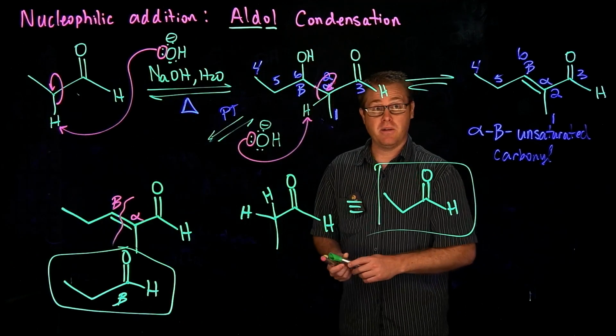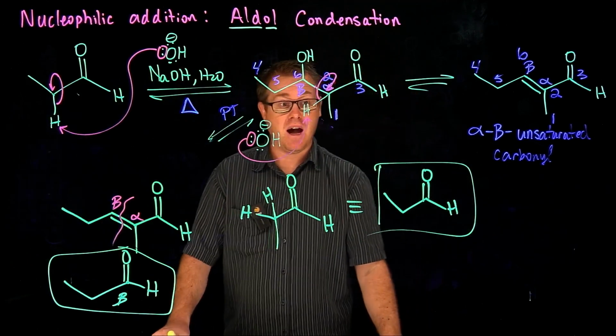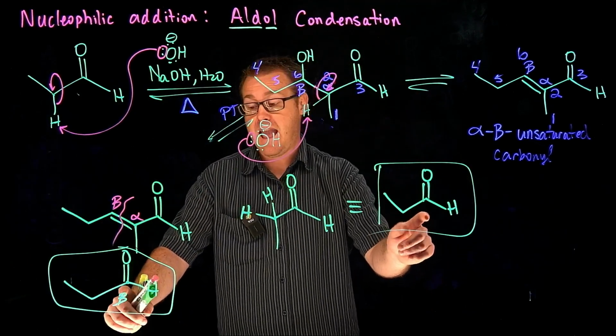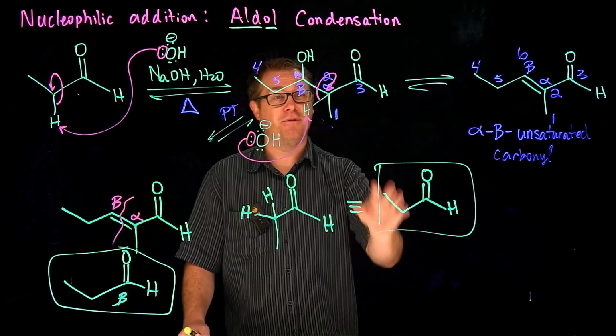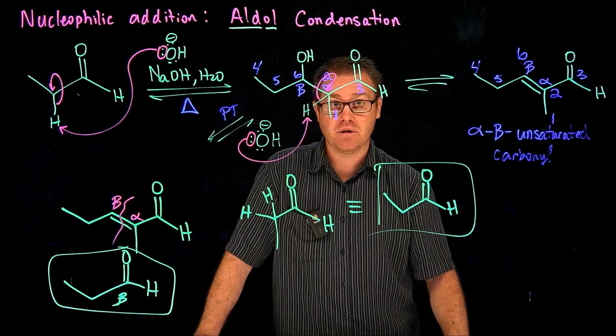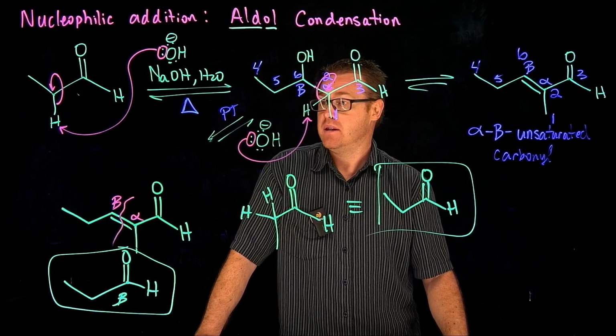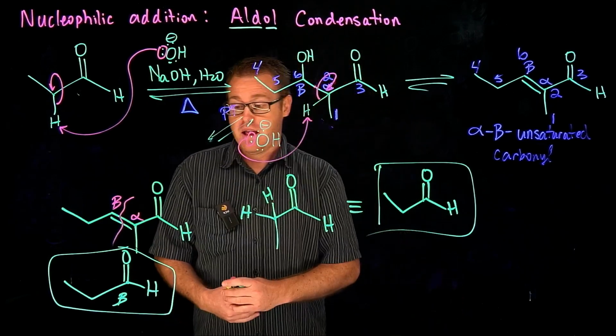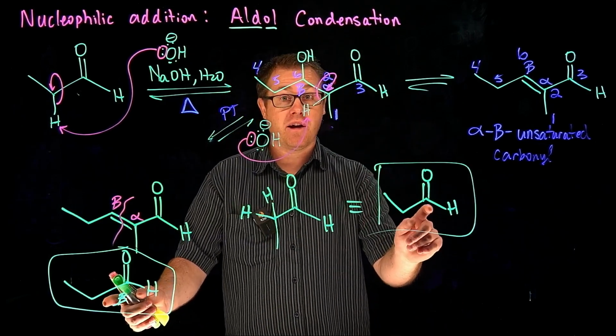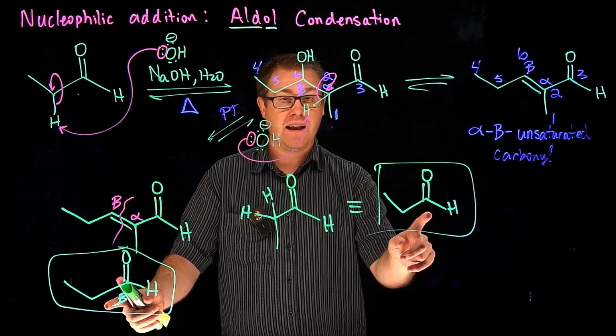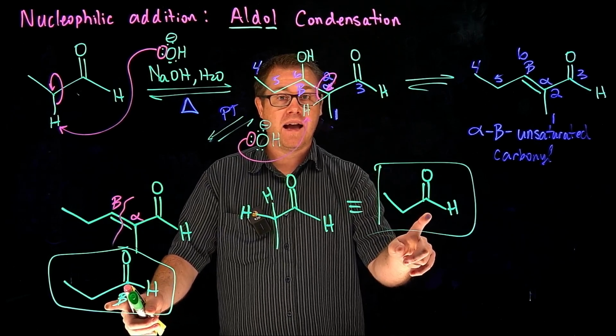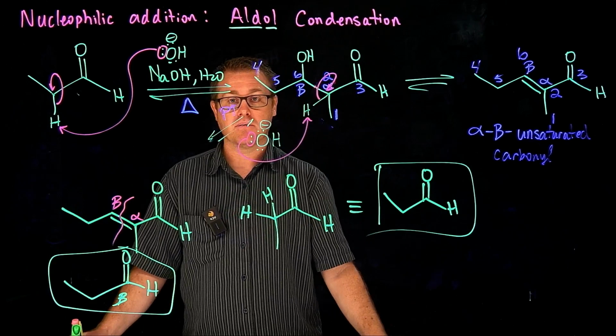Now this isn't going to be the case every single time. These 2 pieces can be different depending on what your product looks like. And when the 2 starting materials are different aldehydes, we call that a crossed aldol reaction.